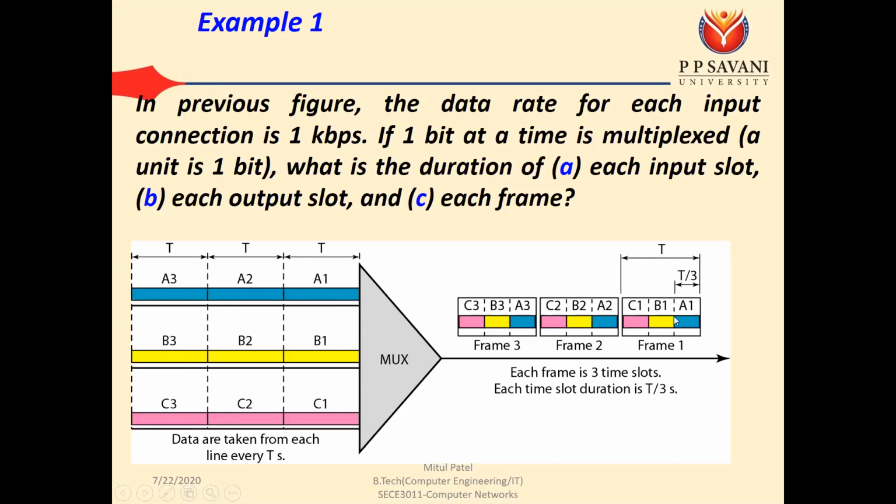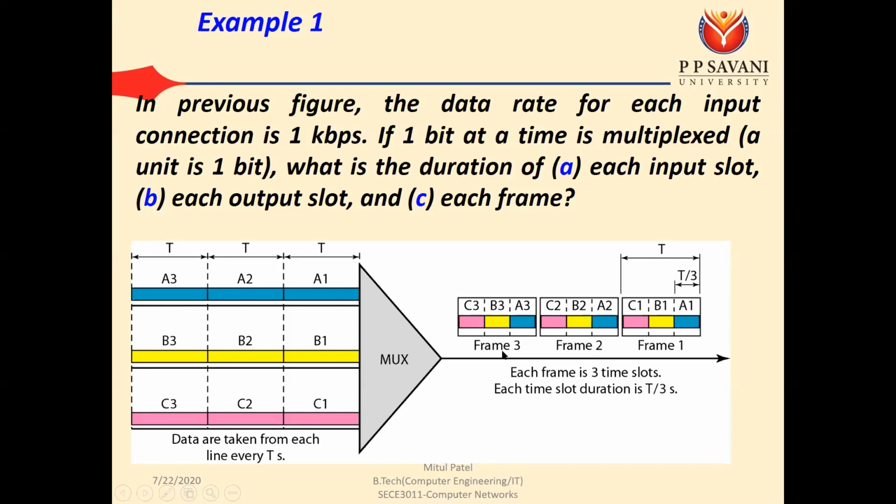So that's why we can say that the output data rate is 3 times the input data rate. Okay, so here the input data rate is 1 kbps, so we can say that our output data rate is 3 kbps. Earlier, in 1 second, 1000 bits were transmitted.